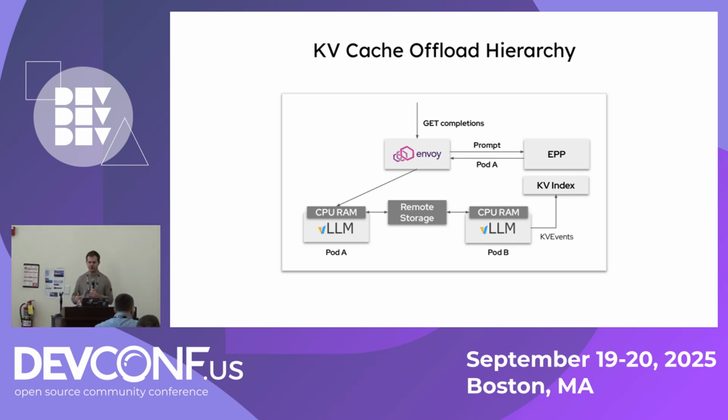And then there's a large series of vendors which have been working on GPU direct storage. Examples are vendors like Weka or VAST, which do GPU direct storage to the NVMe drives. A lot of these folks have been working on new features to not only offload to the local resources inside of the LLM pods, but also to remote KV cache indexes, which allows us to expand the size of the KV cache.